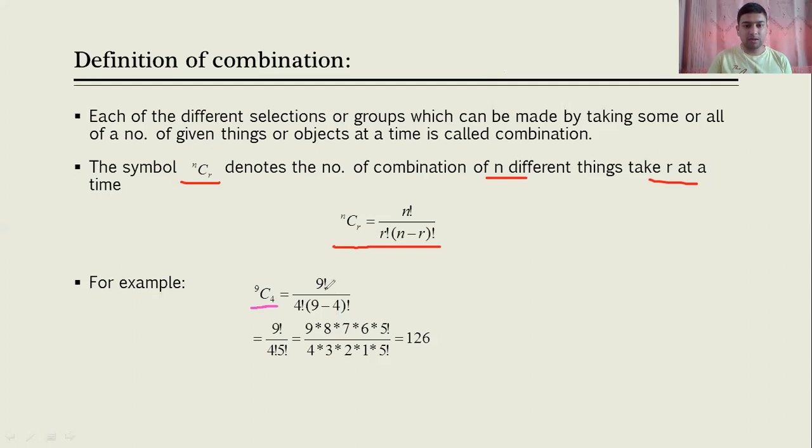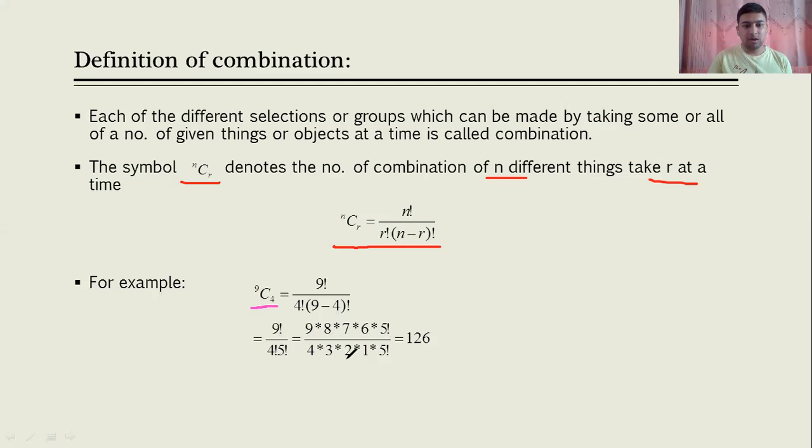So n factorial, that means 9 factorial, divided by r factorial. What is r factorial? 4 factorial into n minus r, that is 9 minus 4 factorial. So 9 factorial upon 4 factorial into 5 factorial. Okay, now how can you expand 9 factorial? 9 into 8 into 7 into 6 into 5 factorial, divided by, how can you expand 4 factorial?